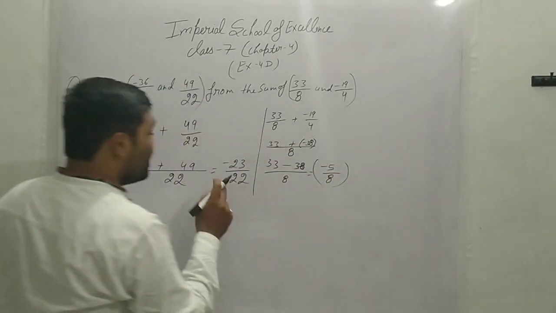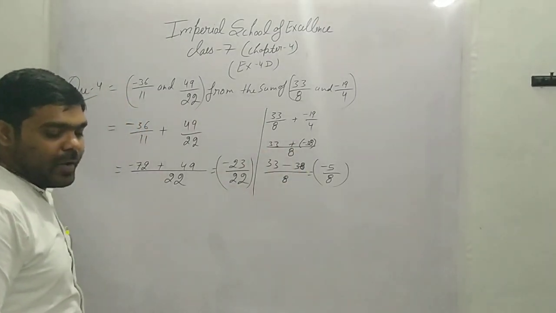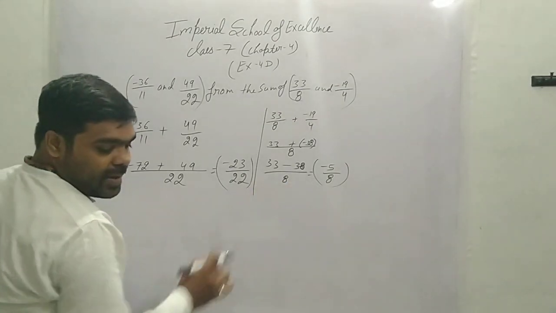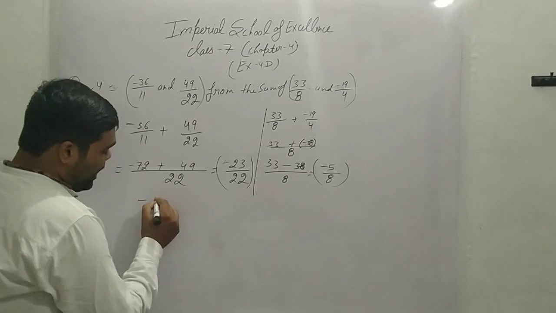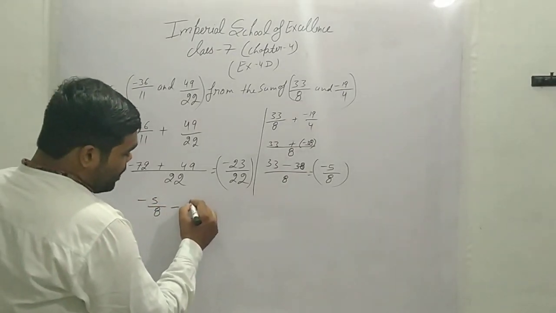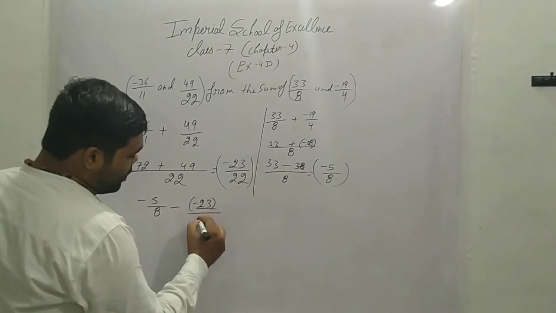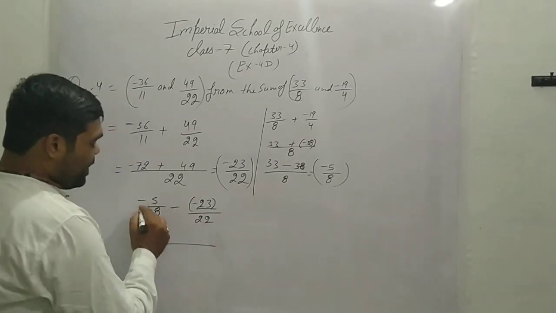एक आया है आपका minus 23 upon 22, दूसरा आया है minus 5 upon 8. Now what you have to do? You have to subtract this and this. हमें अब इन दोनों को माइनस करना है. Minus 5 upon 8, after that minus 23 upon 22.